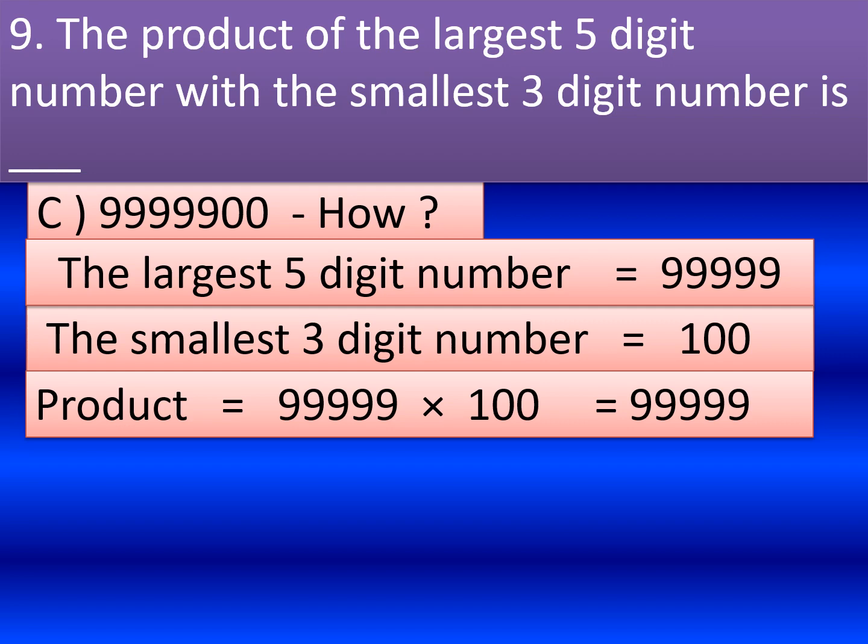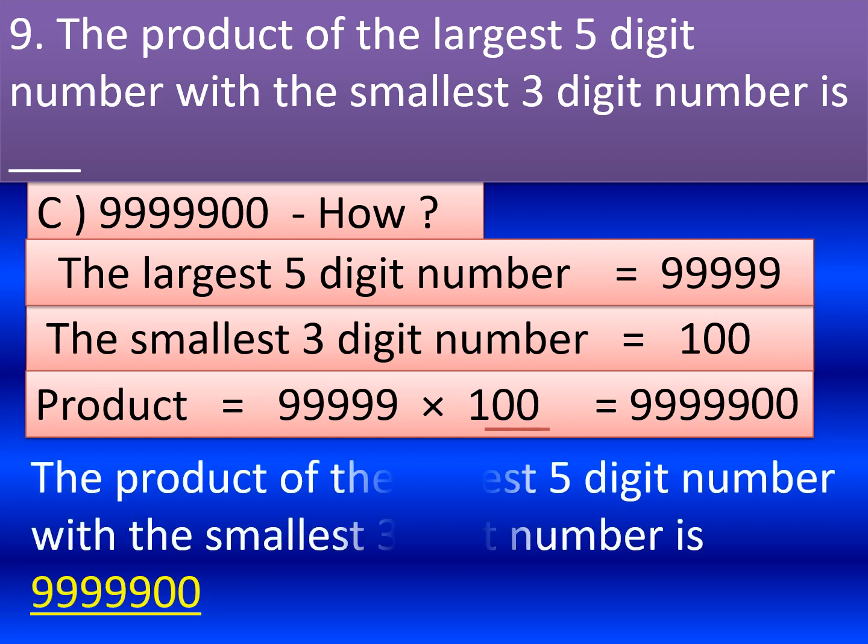Product of those two numbers, 99,999 into 100, which is equal to 99,999. Along with this, 2 zeros from the 100 are to be included at the end.